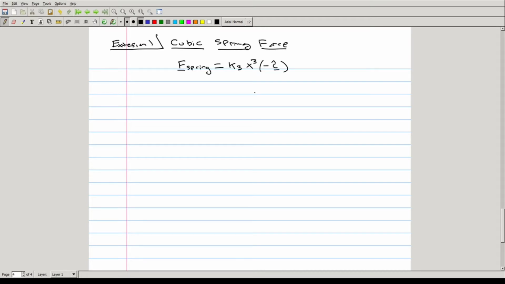When you plug this into Newton's second law from before and get a differential equation, the resulting differential equation is m x double dot equals negative k3 x cubed, or ultimately m x double dot plus k3 x cubed equals 0.